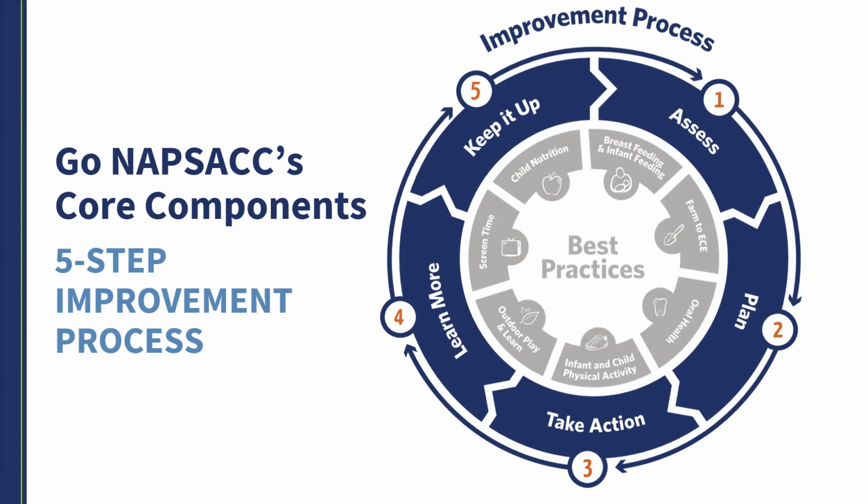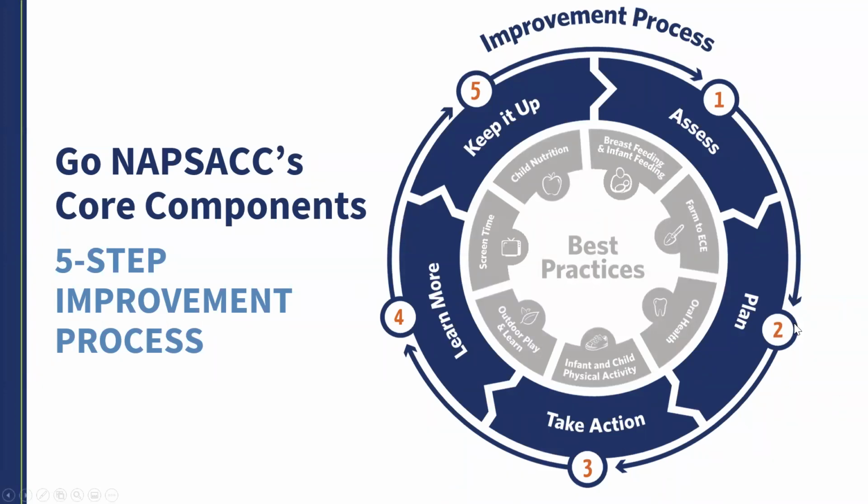So step 1 is they need to assess where they are currently. In any of those 7 modules that I mentioned before, they can take a self-assessment to get themselves started. That's where they'd answer questions about where they currently are in meeting those best practices. Once they've taken that self-assessment, they review the results, hopefully with you, having conversations with them about what they learned. And then they start action planning.